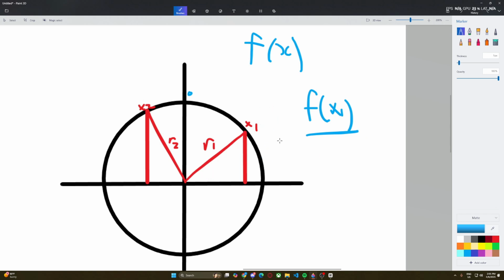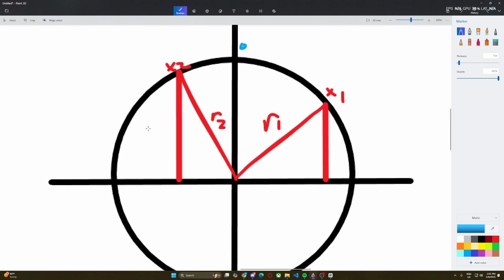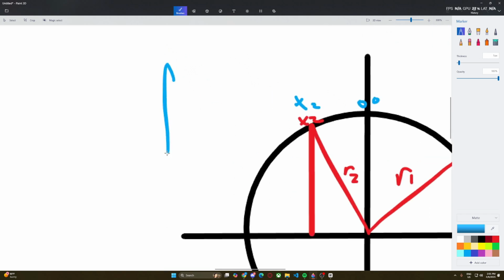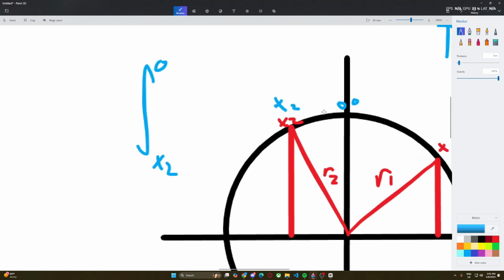Let me just write it out better somewhere else. But you know that. And then from here, this is 0 to x2 or x2 to 0, and same ordeal. Just get the function minus this line, right?